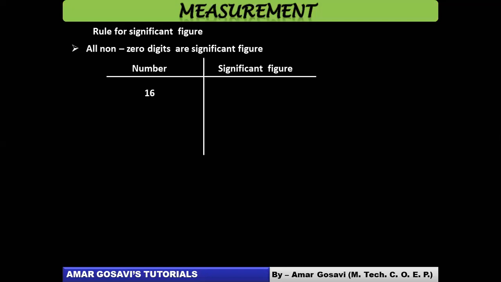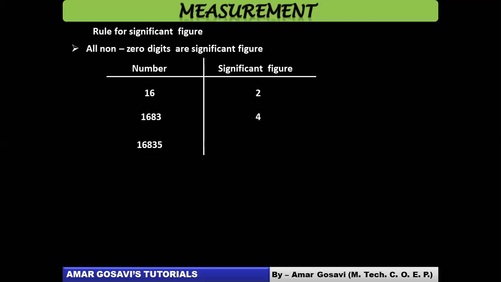The answer for significant figures comes up to be 2. All non-zero digits are significant figures. Let's talk about the second number, 1683. How many non-zero digits are there? There are 4 non-zero digits, so the significant figures will be 4.